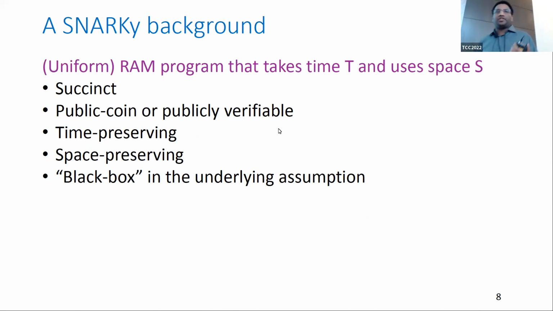And here we want properties like succinctness. We want it to be public coin or publicly verifiable. We want complexity preserving, such as time and space preserving. And we want it to be black box in the underlying assumption. There are many works which get a strict subset of these properties, but not all of them.